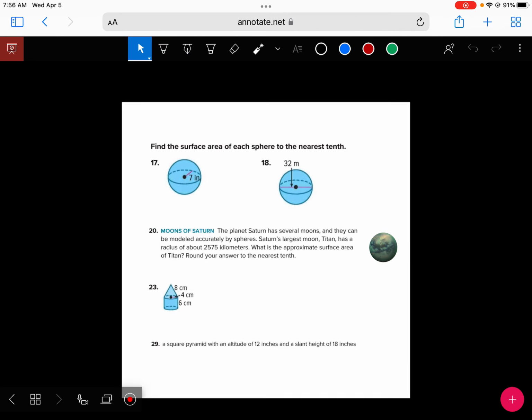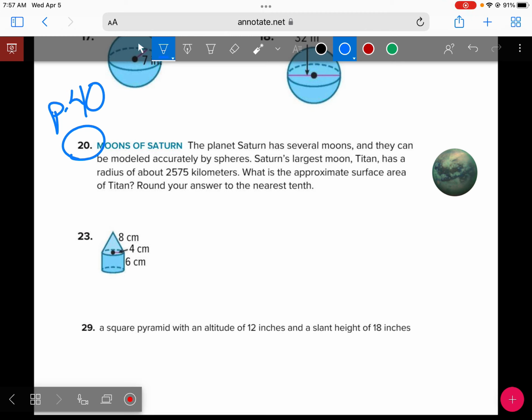Trying number 20. The planet Saturn has several moons. They can be modeled accurately by spheres. Saturn's largest moon, Titan, has a radius of 2,575 kilometers. What is the approximate surface area?